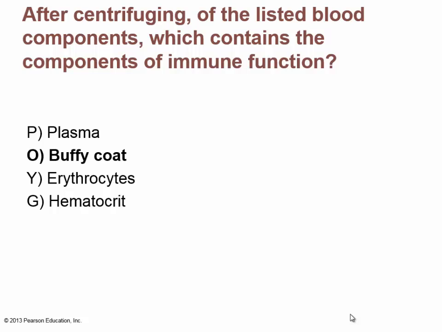It's the Buffy coat. What's in the Buffy coat? White blood cells and platelets, but it's the white blood cells that help with that immune function.